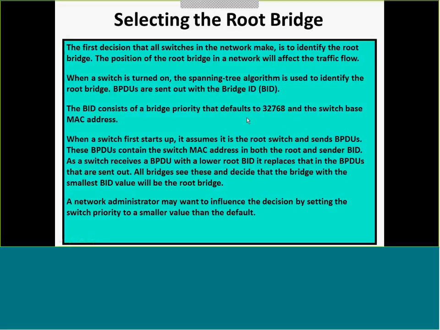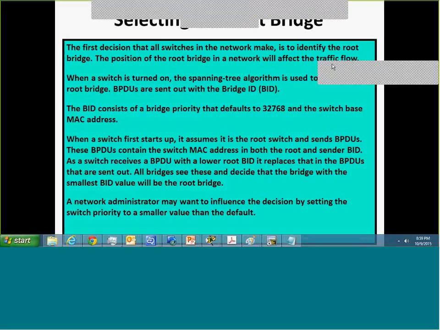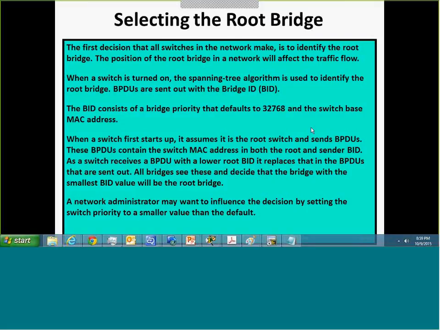Since here we are selecting on the entire bridge, it will consider the MAC address. I will explain all this in the next slide. That's the reason I asked you to read this slide, so that you have some understanding before I explain this.